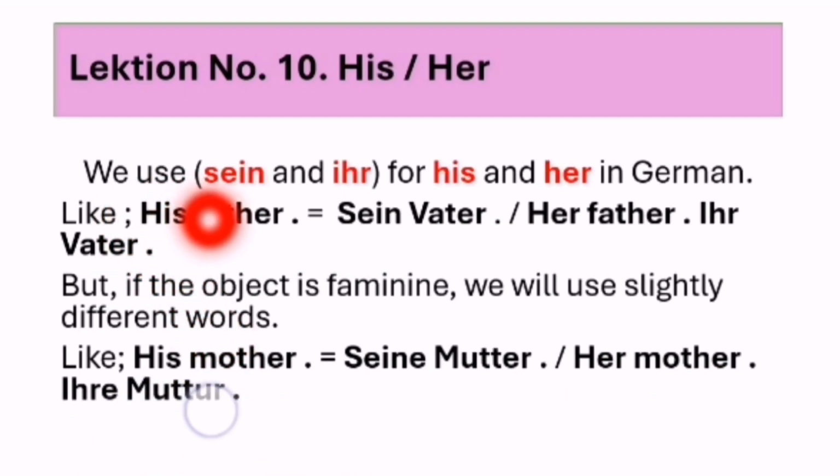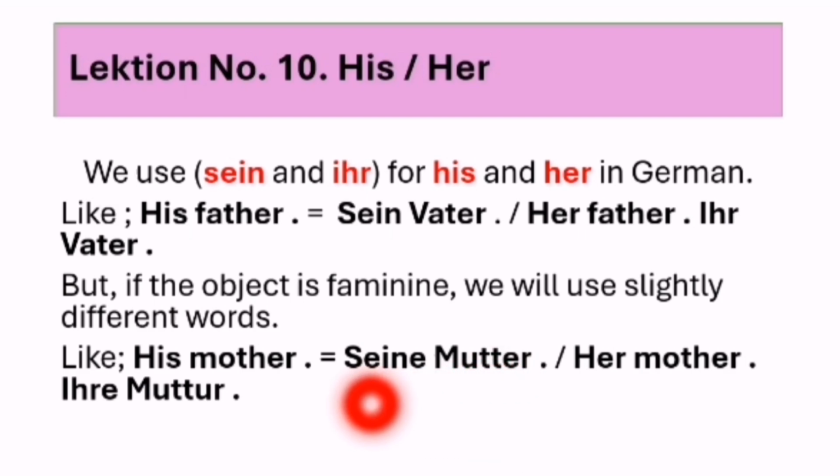We use sein and ihr for his and her. Sein means his, ihr means her in German. Like his father, sein Vater. Her father, ihr Vater. But if the object is feminine, we will use slightly different words, like his mother, seine Mutter, because Mutter, or mother, is a feminine noun.